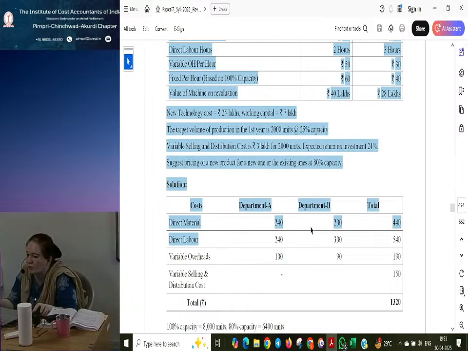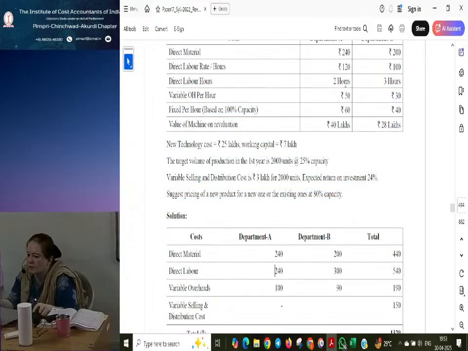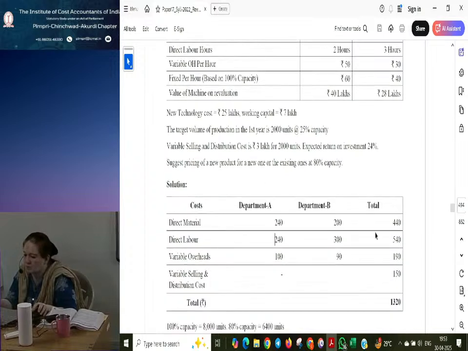Direct labor 240 plus 300, that is 120 into 2, 100 into 3, 540. Variable overheads 50 into 2, 30 into 3, so totally 190. Variable selling and distribution cost is 3 lakhs for 2000 units, so 3 lakhs divided by 2000 is 150 rupees. So the variable cost per unit is rupees 1320.